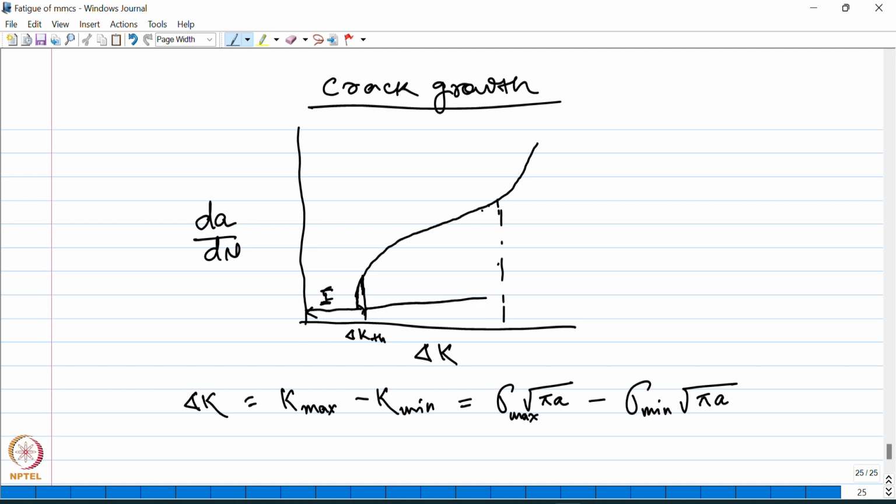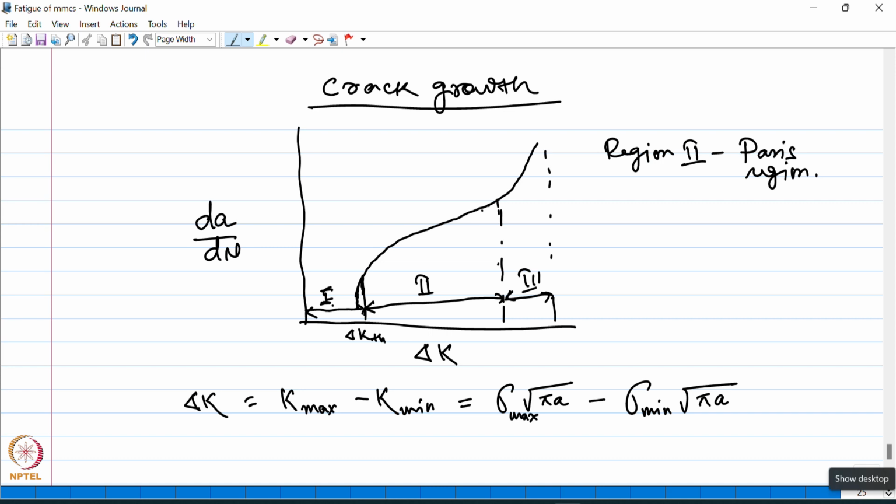Region 2, as you know, is known as the Paris region, which is basically the straight line portion when the crack growth rate is plotted versus delta K on a log scale. This region is defined by this equation.